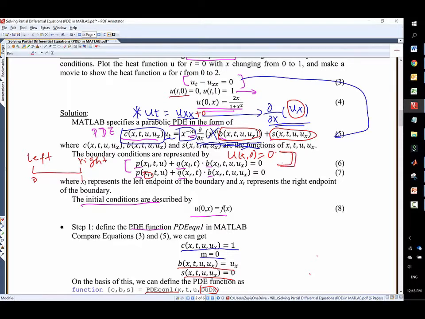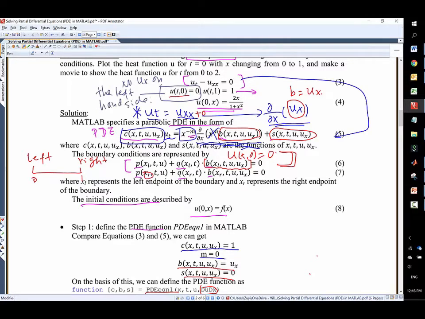The right hand side is the same as the 0, and remember B equals UX, so this term equals UX. But do we have UX on the left hand side of this boundary condition? For this boundary condition, we don't have UX.